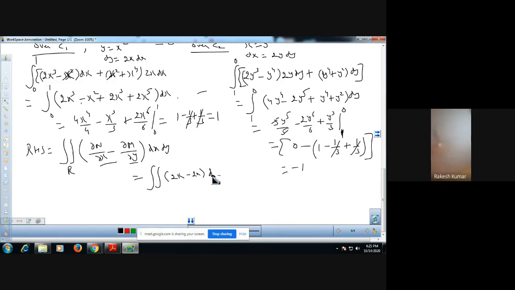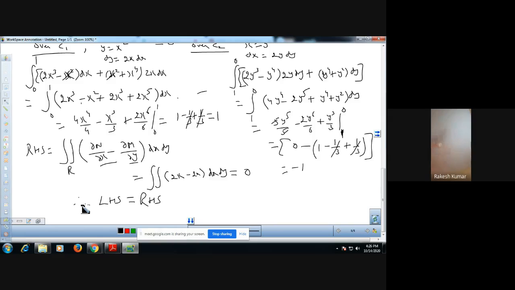So 2x minus 2x, ultimately the integral comes out to be 0. Thus the left hand side is equal to the right hand side. It means Green's theorem is verified because both the sides are same. So this is the procedure to verify Green's theorem.